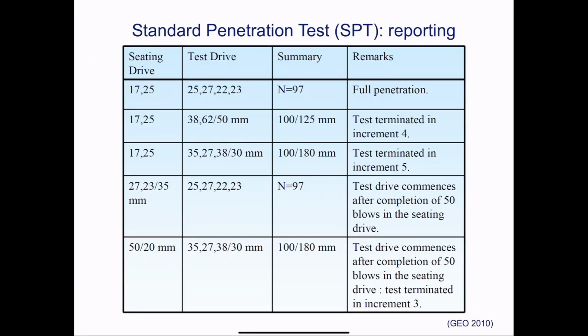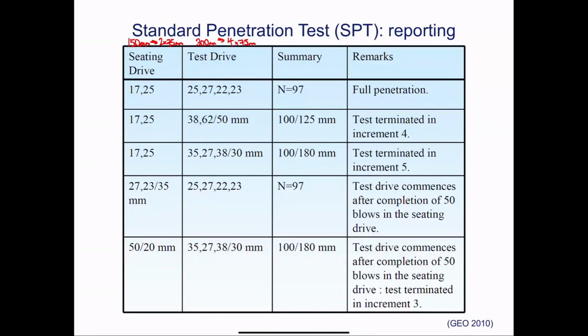Remember, the seating drive is 150 millimeters, and this can give us 2 75 millimeter increments. So what does that mean? We take 2 N values for the seat drive, right? And then the test drive is 300 millimeters, right? So we can take 4 75 millimeter readings. We take blow counts every 75 millimeters of penetration.